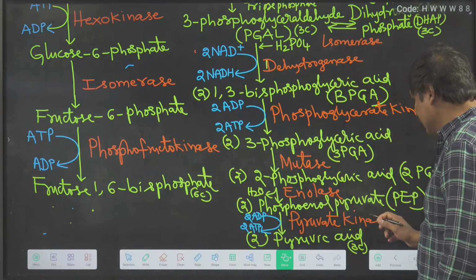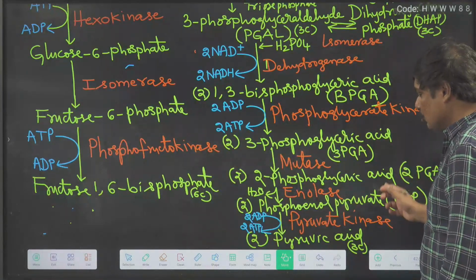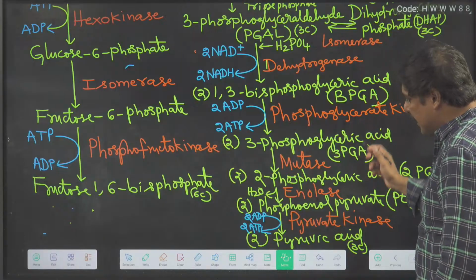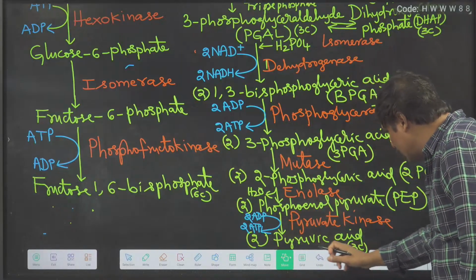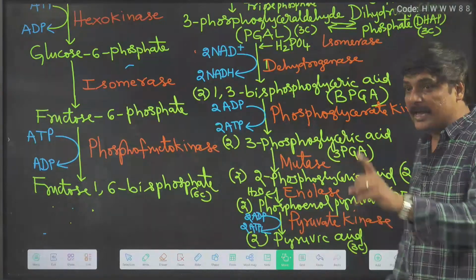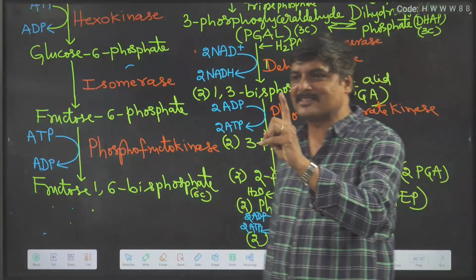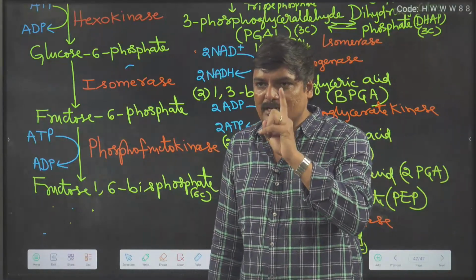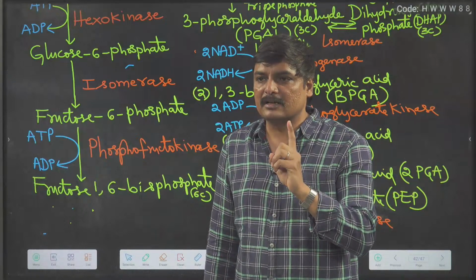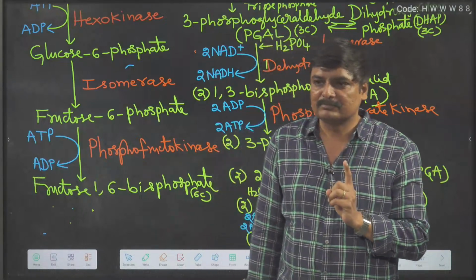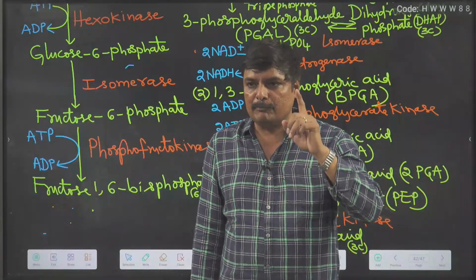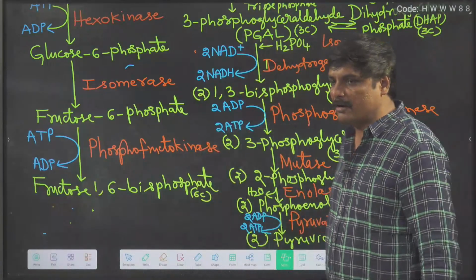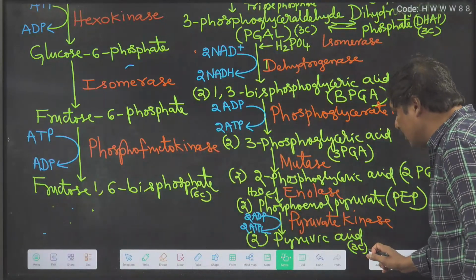And finally, the 2 molecules of PEP again undergo dephosphorylation and become 2 molecules of pyruvic acid, the key product of glycolysis. Pyruvic acid is the end product of glycolysis, and it is a 3-carbon molecule.